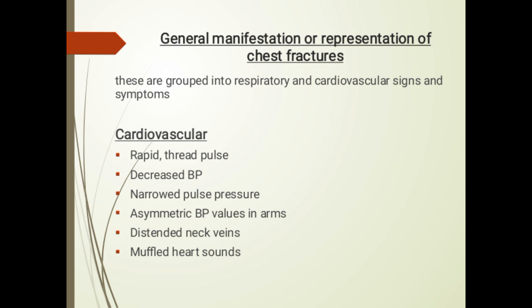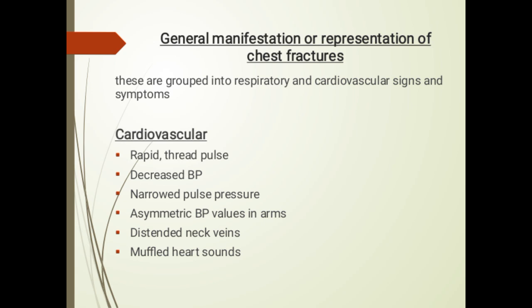So we have the signs and symptoms of cardiovascular: there is rapid, weak pulse, decreased blood pressure, narrowed pulse pressure, arithmetic BP value in the arm, distended neck vein, and muffled heart sound. These are the signs and symptoms of cardiovascular.